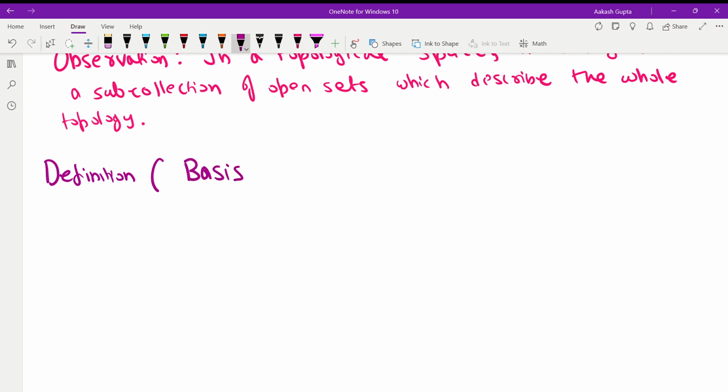Basis of, let me write this in a bold way, or maybe let's use another color, of a topological space.